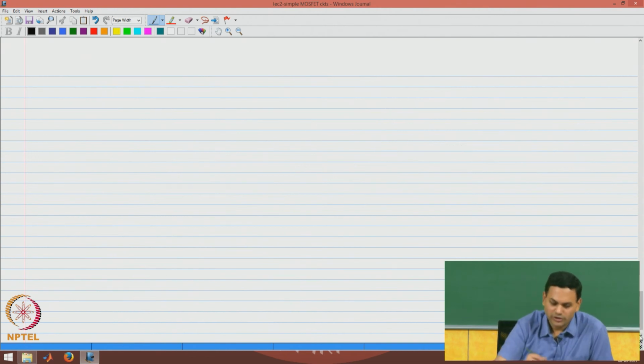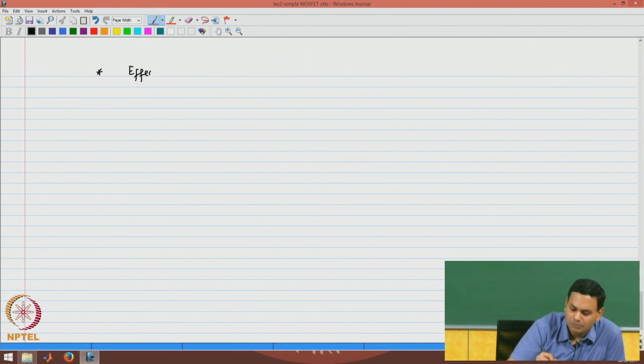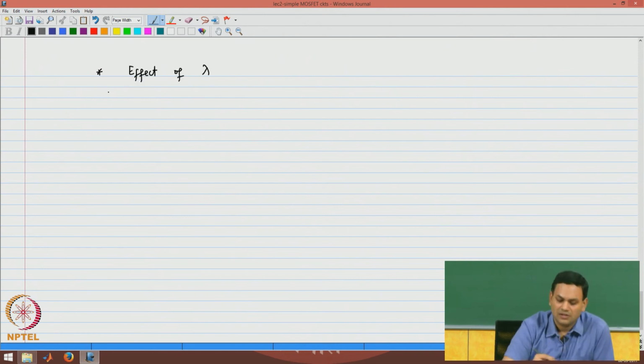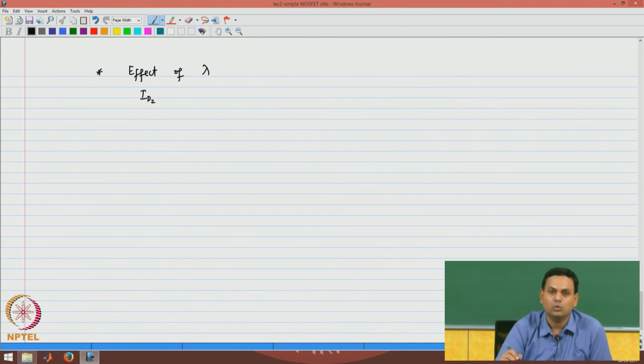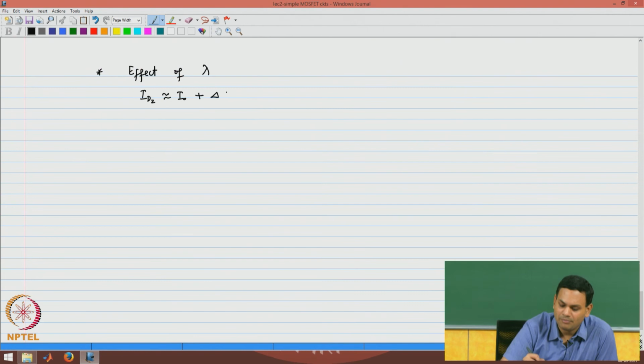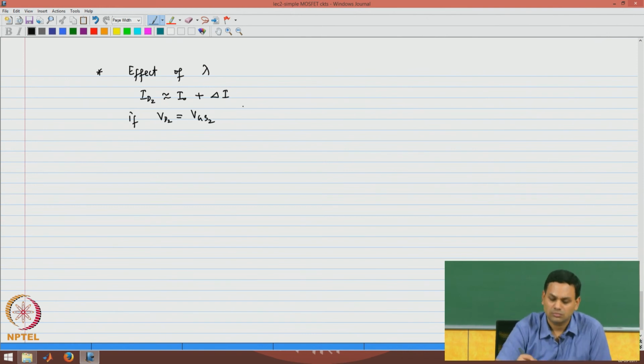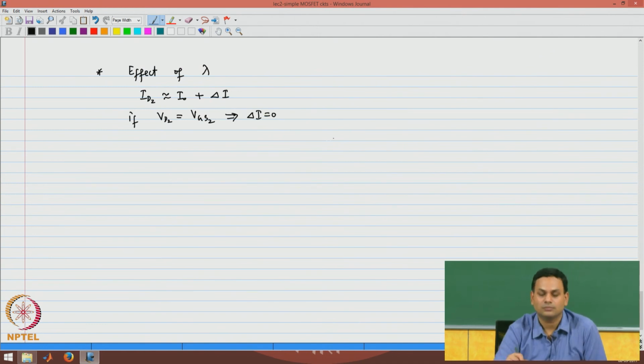There is a third point to note, which is the effect of lambda. So, ID2 will be nominally equal to I naught, but there will be some delta I depending on the drain voltage. If VD2 was equal to VGS2, then delta I is 0.